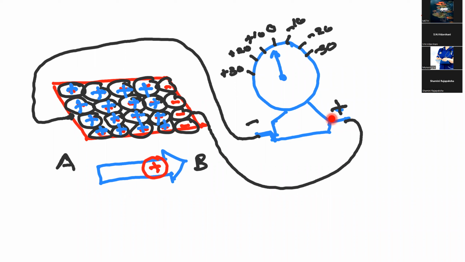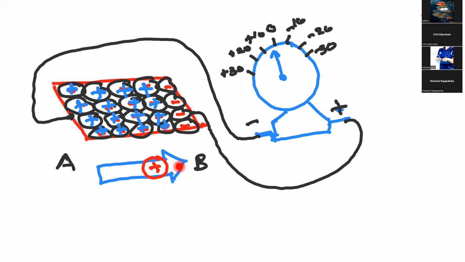The magnet force is coming towards the positive electrode, right?